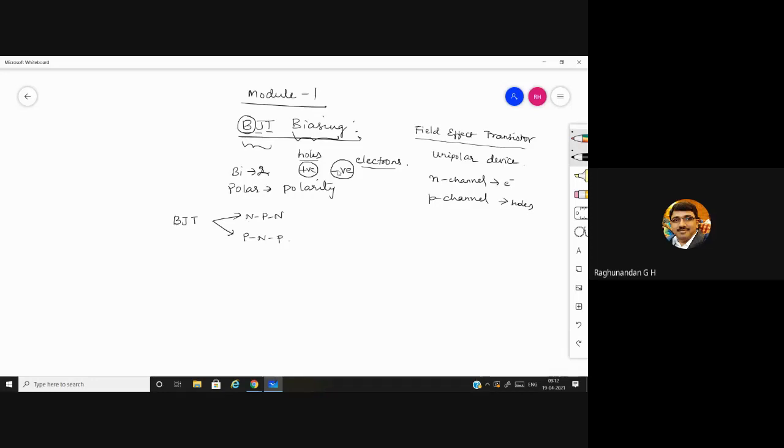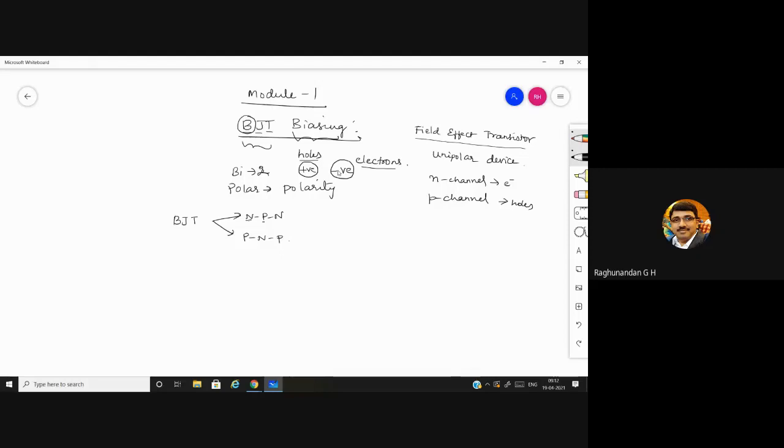By sandwiching an N layer between two P layers, we form a PNP transistor. N has majority charge carriers as electrons since it's negative. P has majority charge carriers as holes. Holes are positive charge carriers.